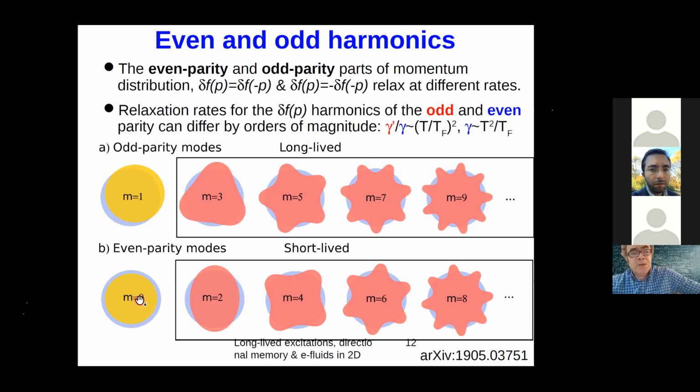And so the usual hydrodynamics arises on the timescales when all these modes, even and odd, die out. And in 3D, that happens on the Landau timescale. In 2D, it's going to be different because the modes with even parity will die out as quickly as in 3D. The modes with odd parity will stay, and they will be long-lived.